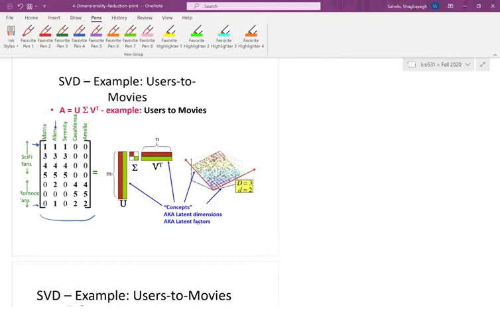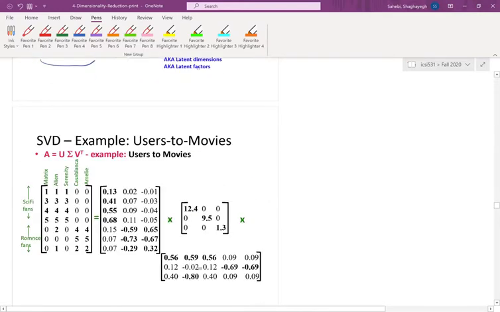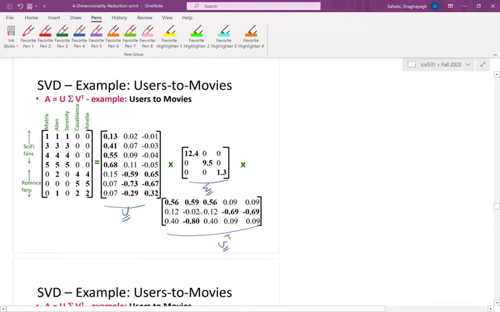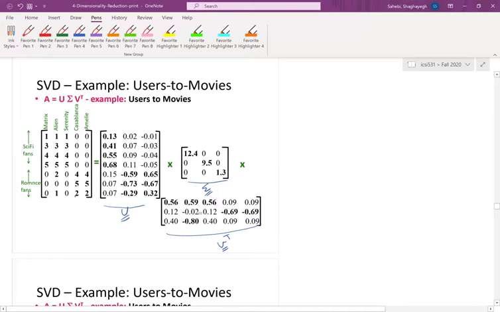Now, I can decompose this data matrix into 3 other matrices with SVD, U, sigma, V transpose. And let's see what happens then. These are the values that I get for U, sigma, and V transpose. First of all, looking at this whole matrix, similar to PCA, we can see some patterns in our data.